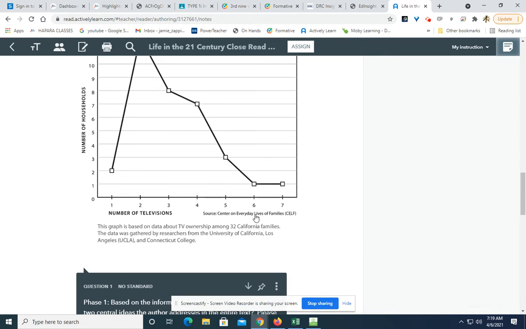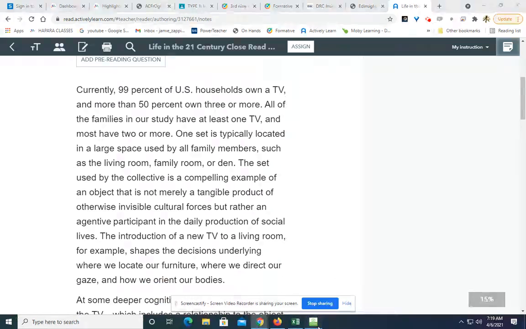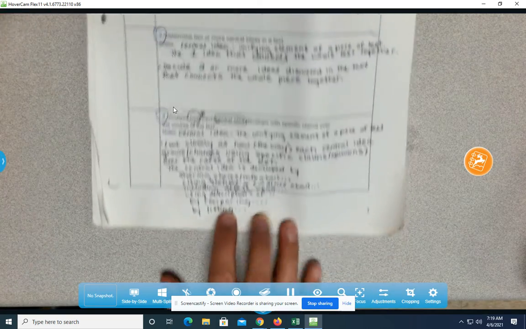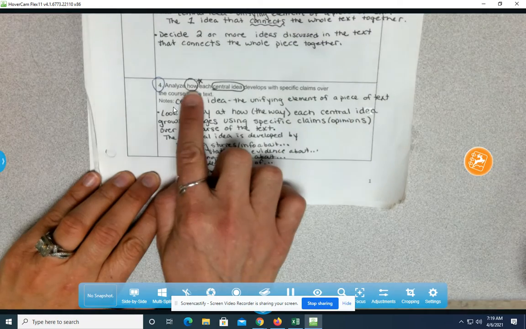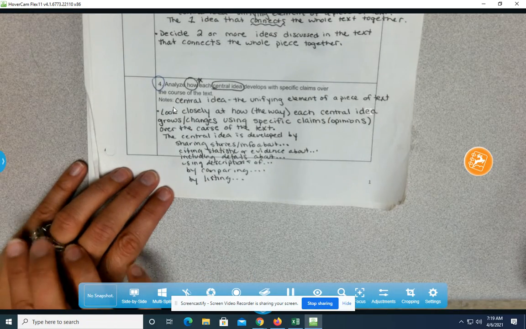In phase 2, we are continuing to read through for the central idea of the text. As you read through the second time, we want to think about how each central idea develops with specific claims over the course of the text.